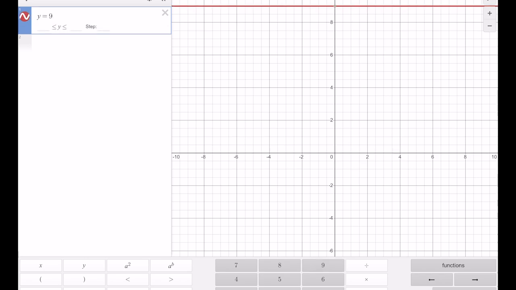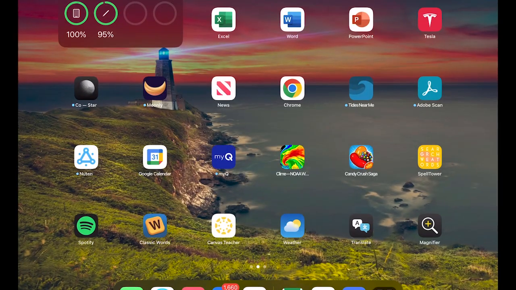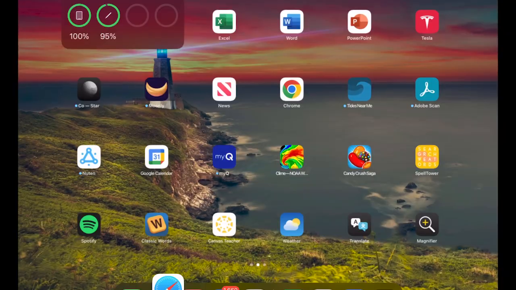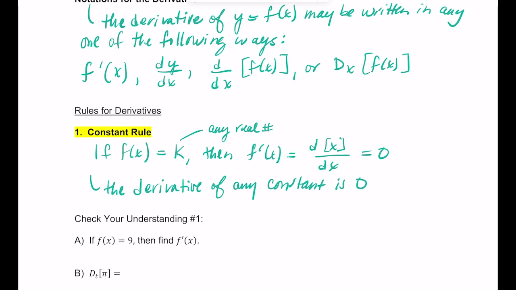The slope is 0, right? And when you think of derivatives, derivatives represent the slope of the tangent line. So the tangent line to the graph at that point would just be 0. So f prime of x would be 0.